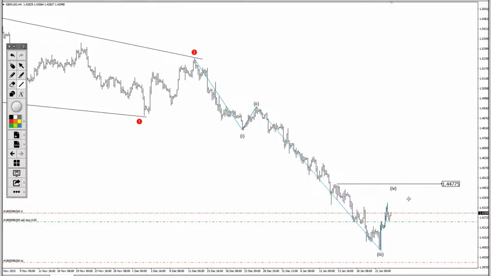We have a trade waiting for this move to the downside, so pound dollar sell stop 142.47, stop loss 143, take profit 140 flat.